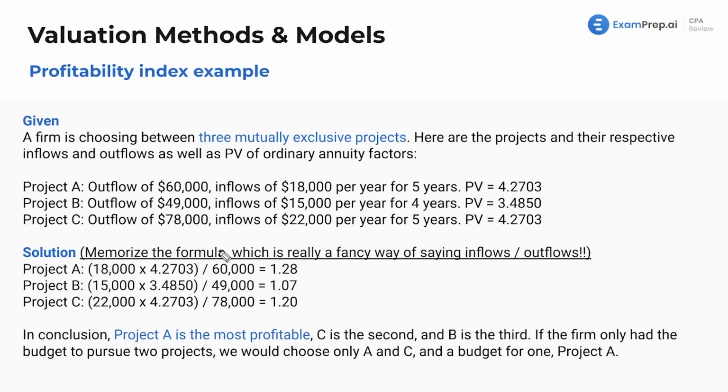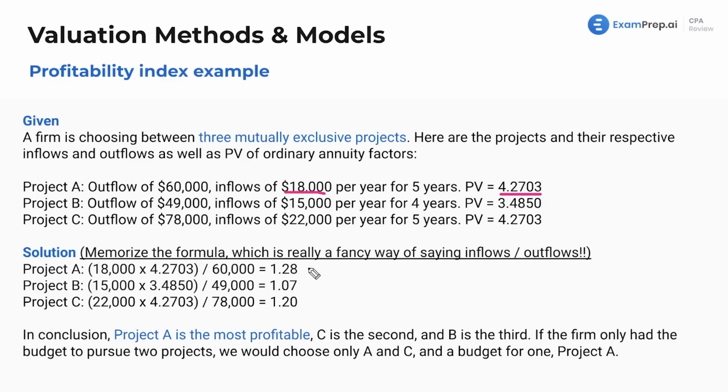To determine the total inflows, it's 18,000 times the factor, 15,000 times the factor, 22 times the factor. That gets us our numerator, which we then divide by the outflows to get a profitability index.